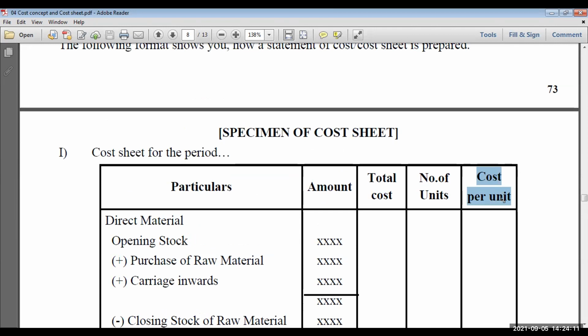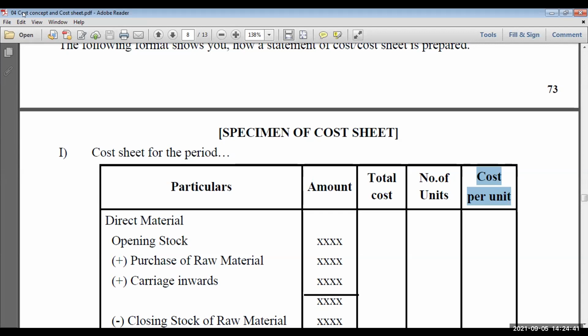Suppose the unit of measurement is meter or liter; for oil, we can have liter. If you have any other product, suppose a notebook, number is the unit of measurement. Bricks, number. Suppose cloth, in the textile industry, the unit of measurement is meter.